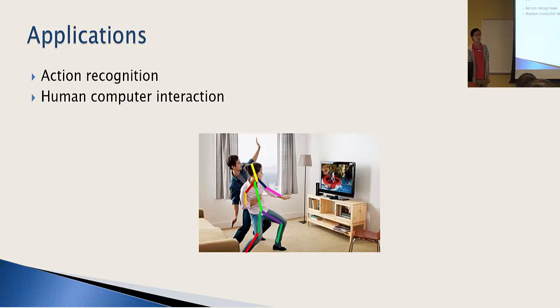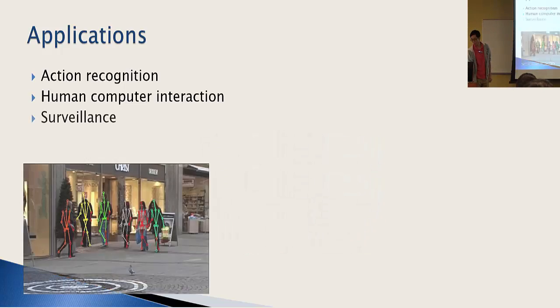For example, Microsoft Kinect was doing such applications. Also for surveillance, if you can estimate people's poses in the videos, then you can track them more accurately, and at the same time you can do further analysis of their activities.